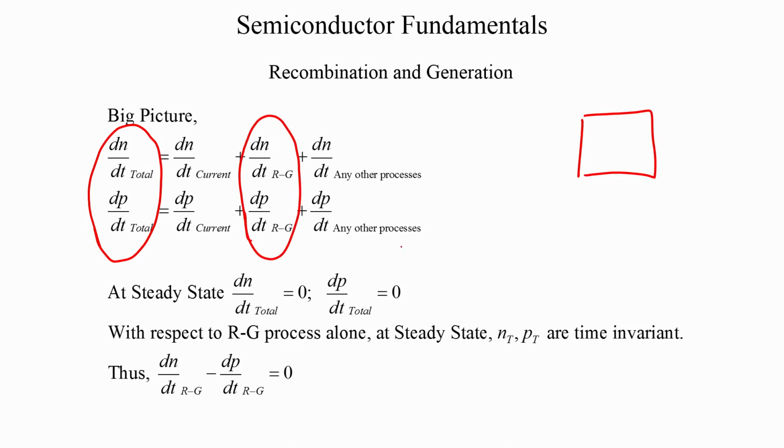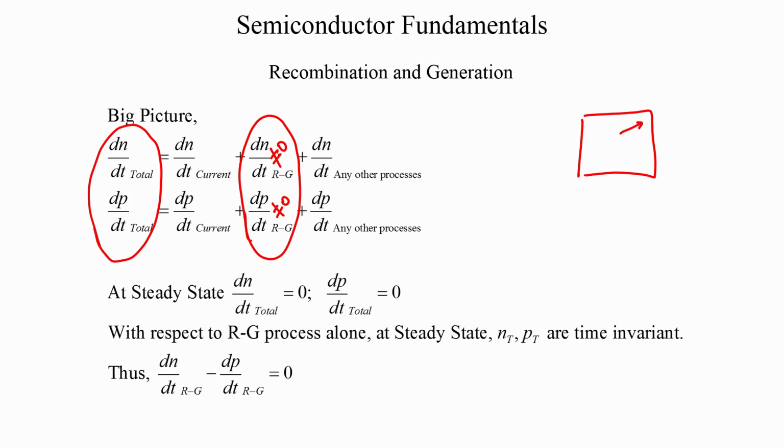Now, at equilibrium these parameters were both equal to 0, but at non-equilibrium these two parameters need not be equal to 0. However, at steady state condition, we are out of equilibrium, but we have established a steady state.